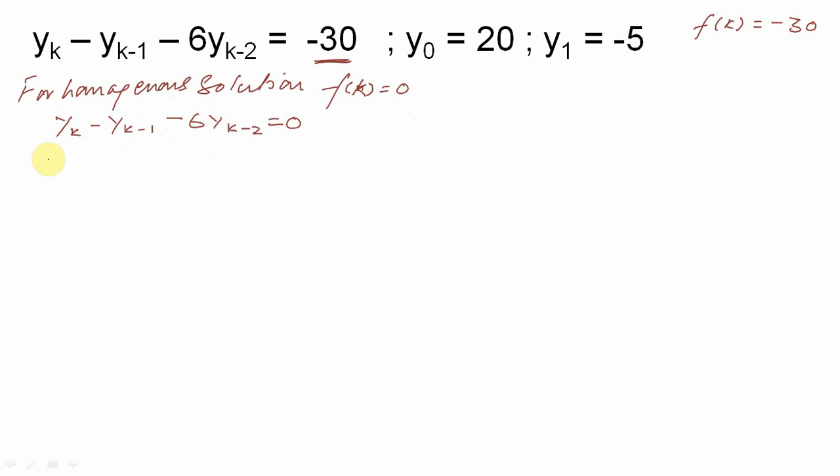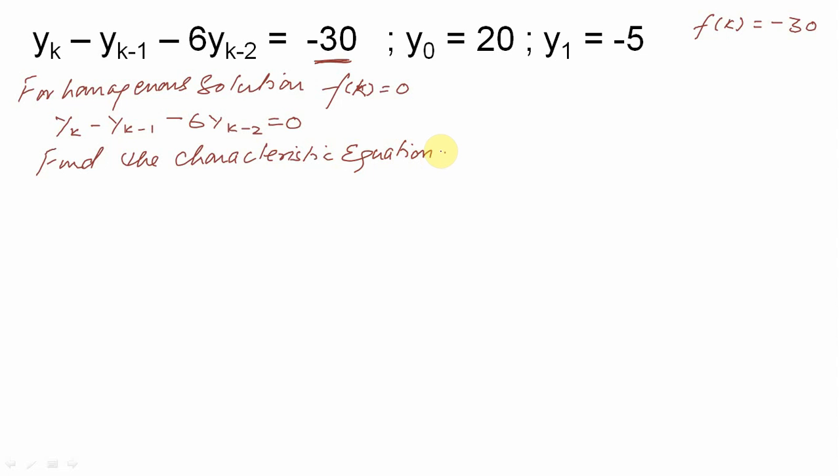Next step, I have to find the characteristic equation. Now I'm going to find the characteristic equation directly, because we have already seen how to find a characteristic equation in the previous session.